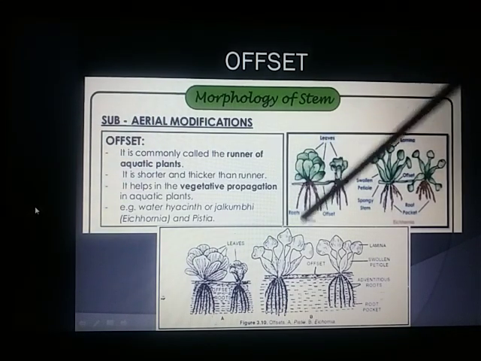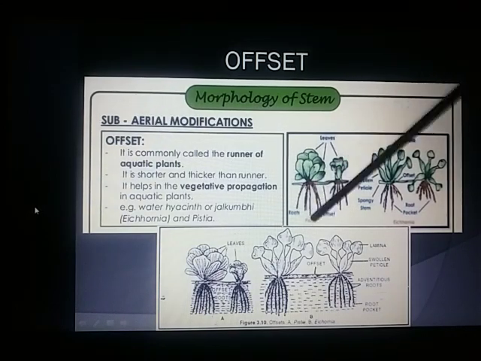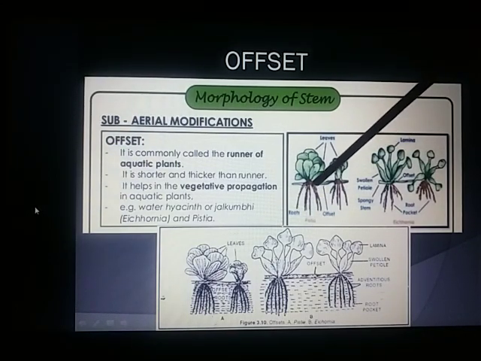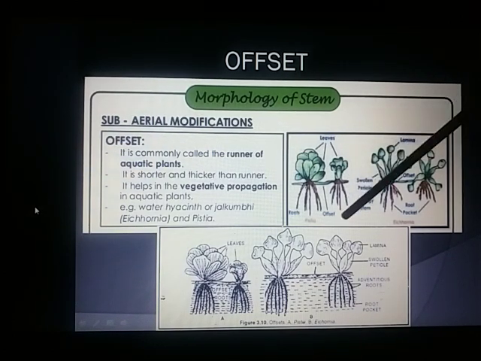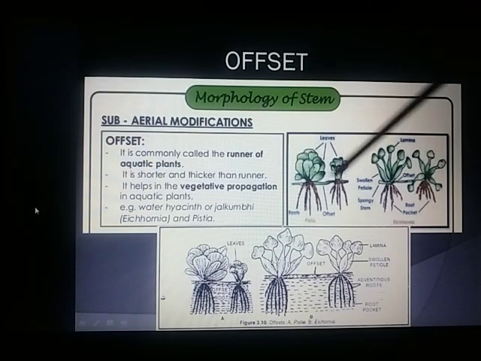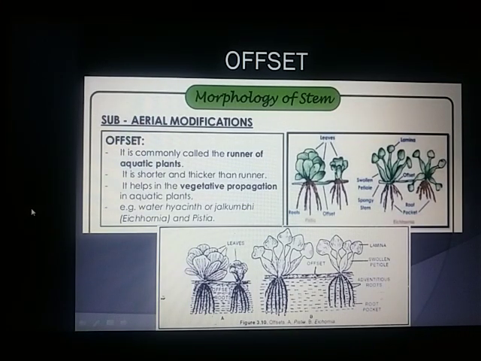Below that we have balancing roots which make the plant float on the water, and from the axils of the leaves a branch will grow, which also gives roots below and a rosette of leaves. So it is a subaerial stem modification of one internodal length, the offset, and the best example for that is the pistia. Thus we have seen the four subaerial stem modifications: the runner, the stolon, the sucker, and the offset.